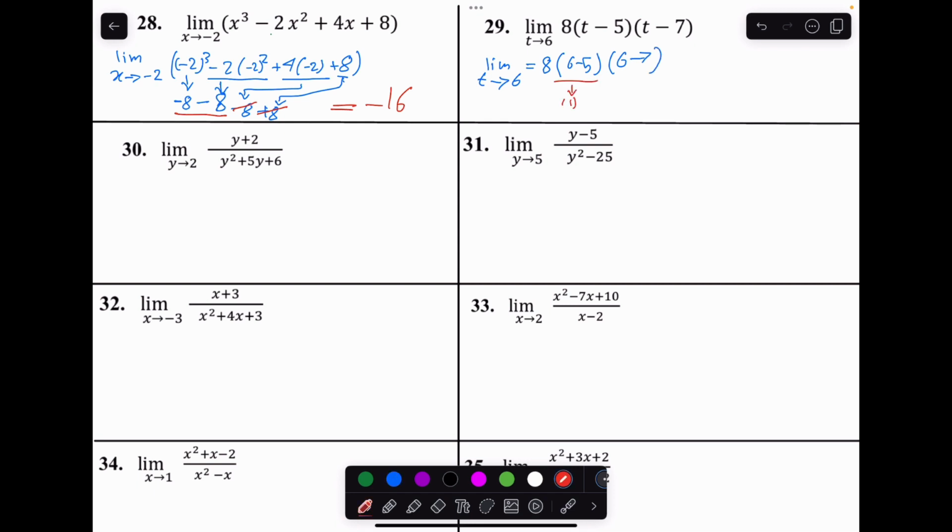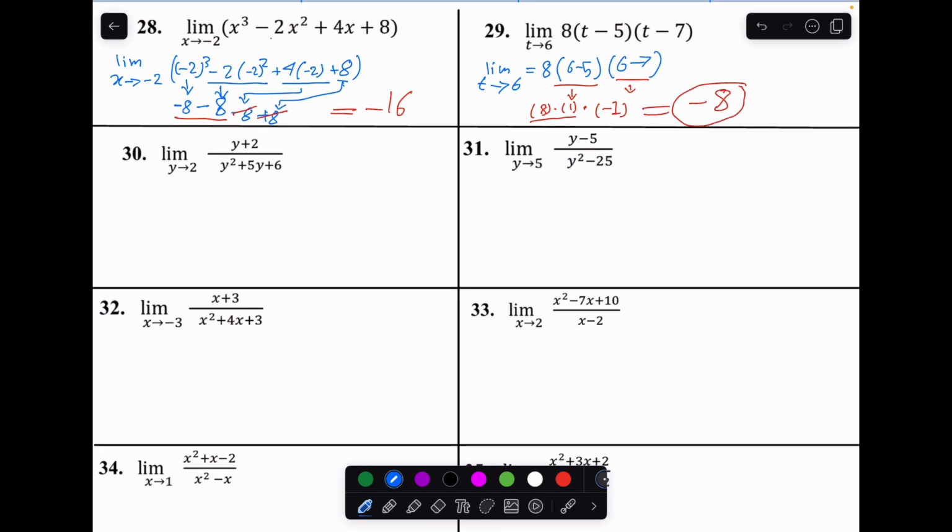This is 1 multiplied by 8, and this is negative 1. So 8 multiplied by 1 is 8, and 8 multiplied by negative 1 is negative 8.